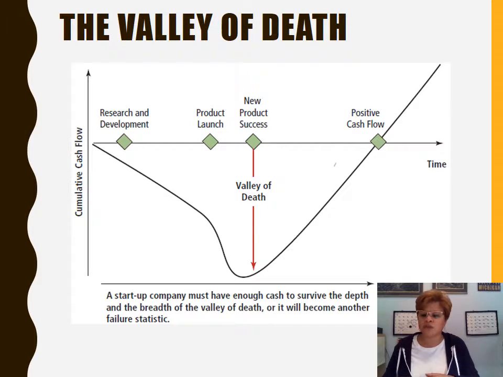I'm going to have some other resources that can make me get through it. And heck, I'm going to start taking off, and then the cash flow is going to start taking off as well, right? But if I don't have the planning, I don't have the awareness, I don't have the knowledge, I don't have the understanding, I'm going to die in the valley of death. My business will die in the valley of death.